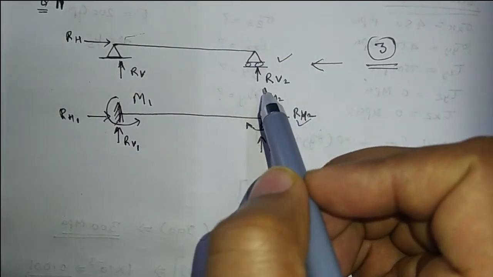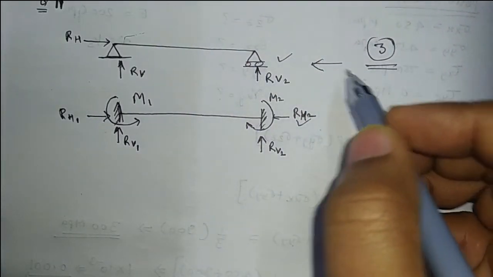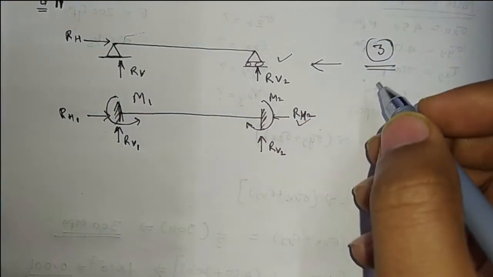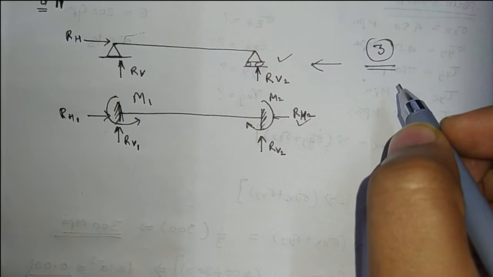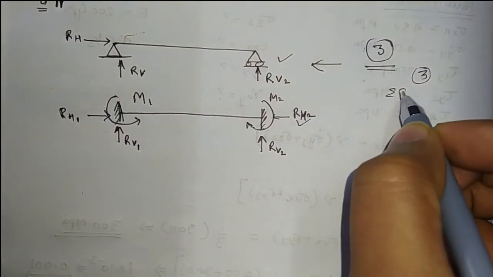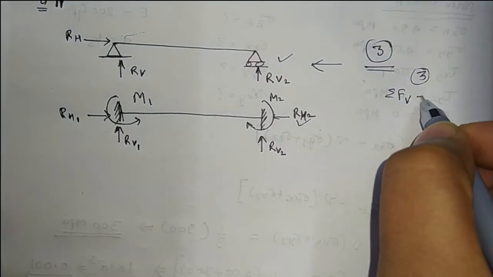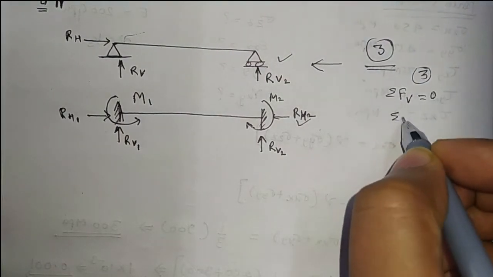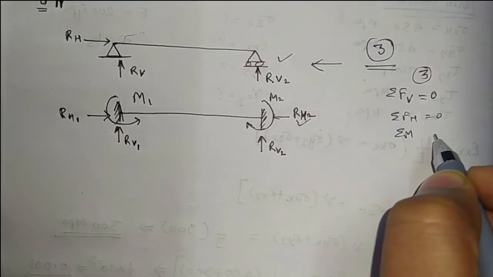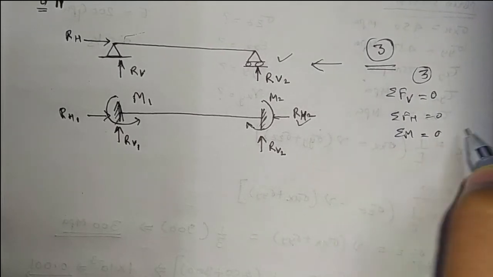In the simply supported beam case, the number of unknowns is 3. We know that the number of equations of static equilibrium is 3: summation of all the vertical forces equal to 0, summation of all the horizontal forces equal to 0, and summation of the moments equal to 0.